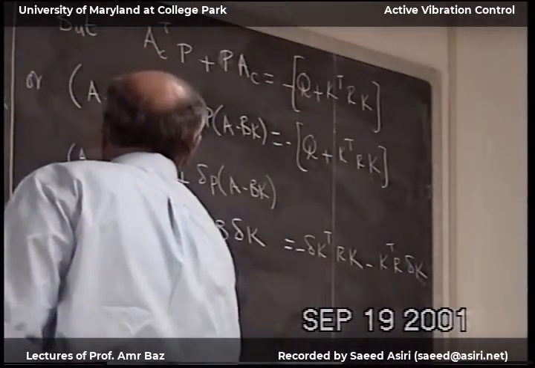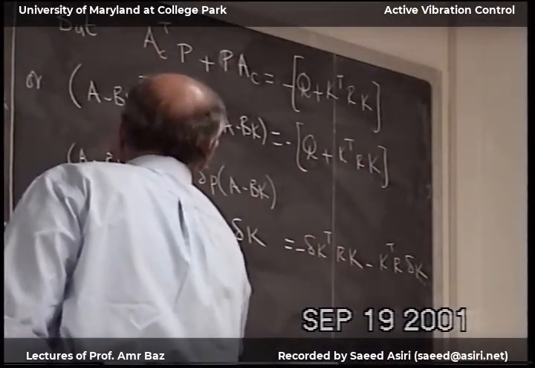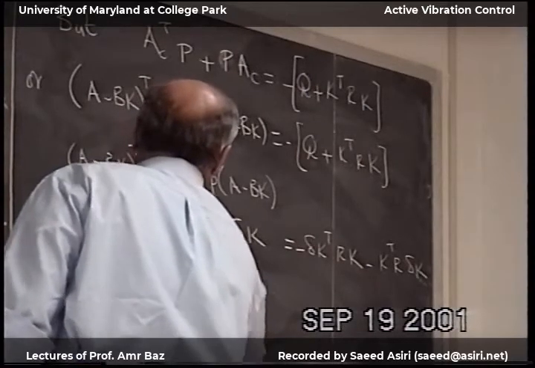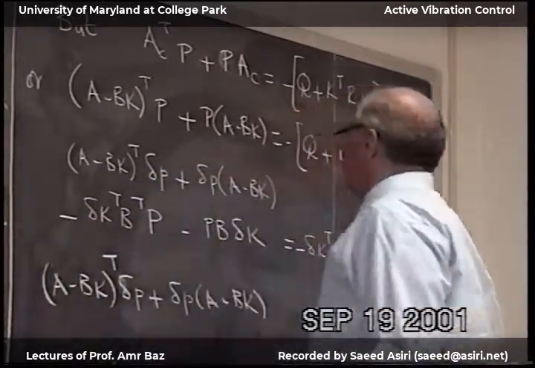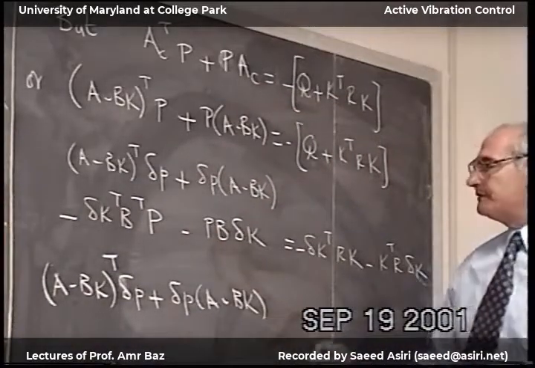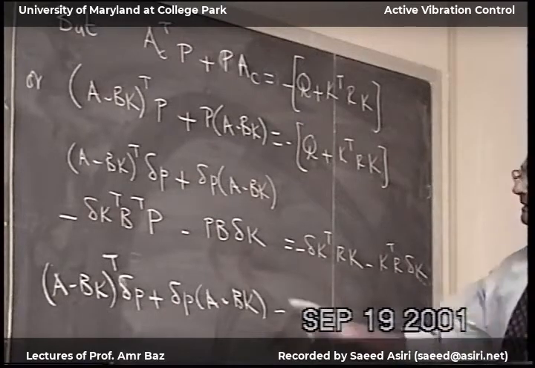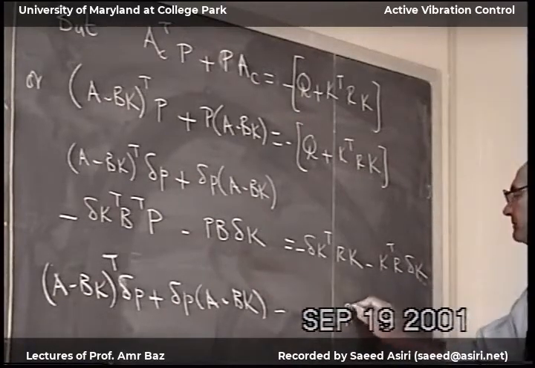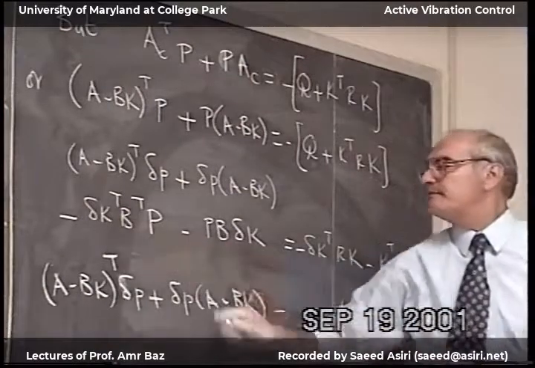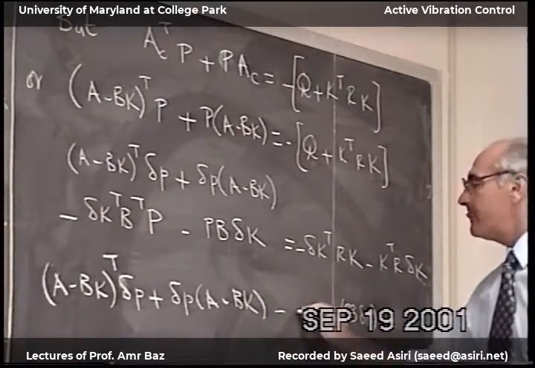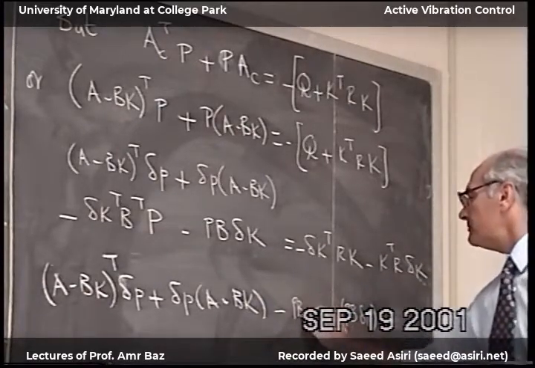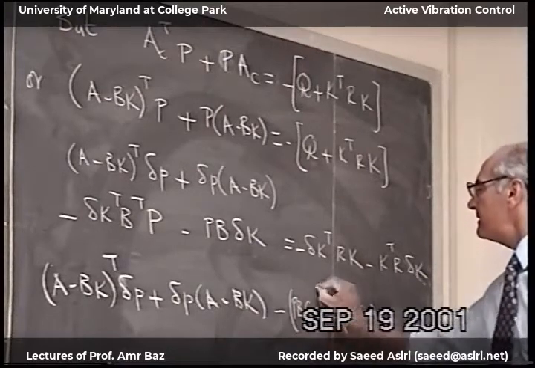Okay. The first term, the second term, if you look at this term, I'm going to leave it like it is, dP del K. And this term looks like this if I put transpose on it. So it will be P B del K transpose.